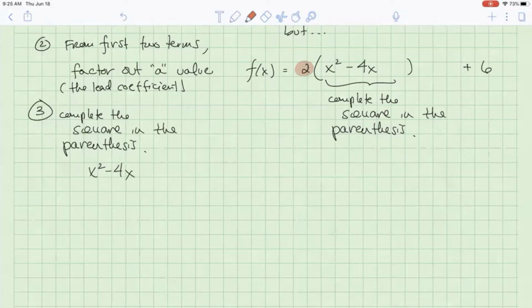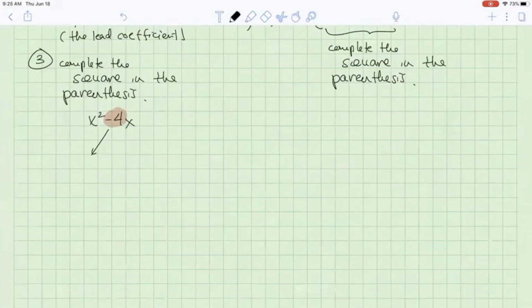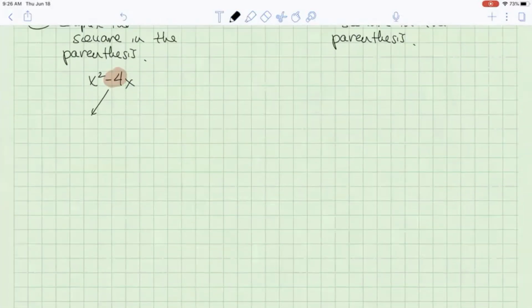And in order to do that, we're going to need to take half of our x coefficient. This is b is equal to negative 4. So 1/2 of b is equal to negative 2.